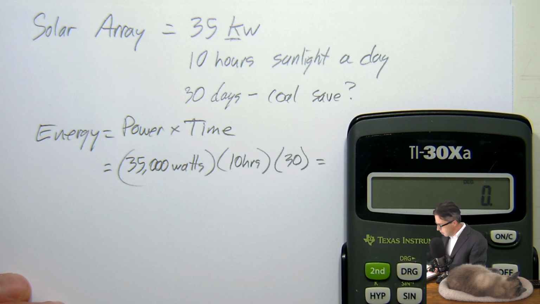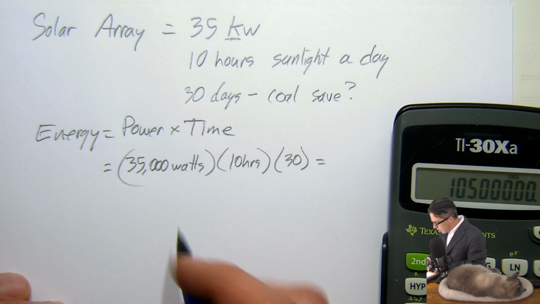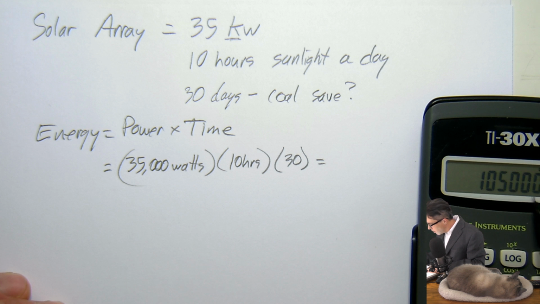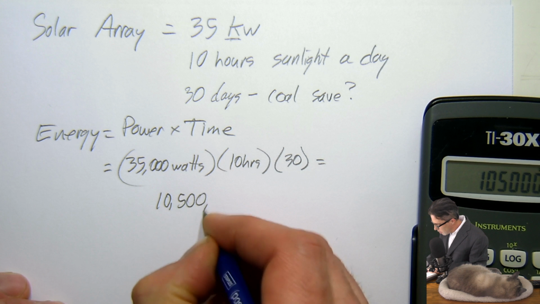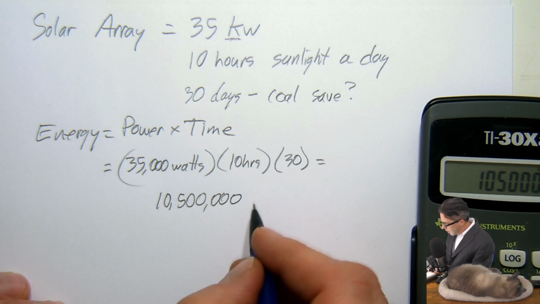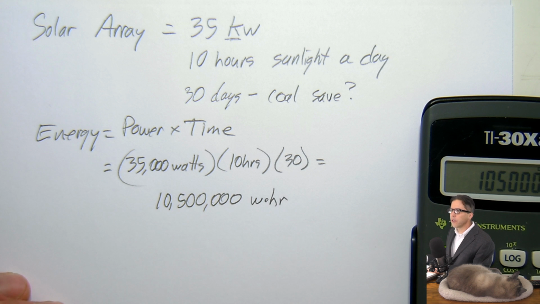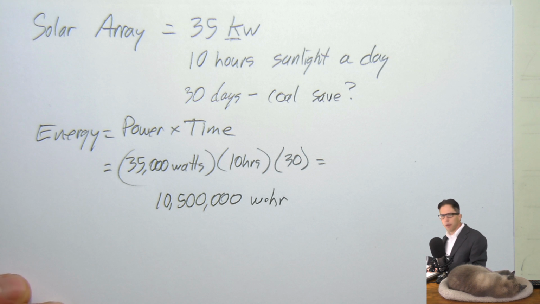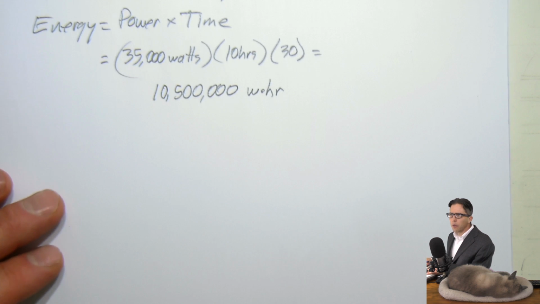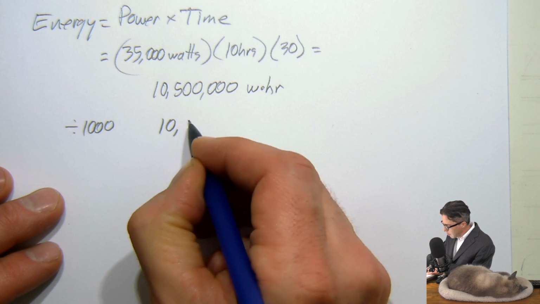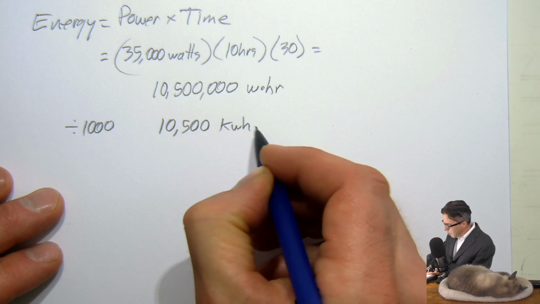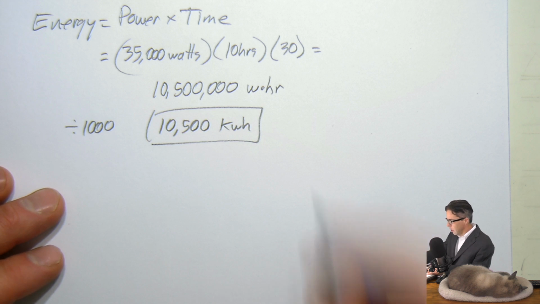I have 35,000 times 10 times 30. So I get 10,500,000 watt hours generated in a month. And now what I'm going to do is divide by 1,000 to turn it into kilowatt hours, which gives me 10,500 kilowatt hours, kWh, in a month.